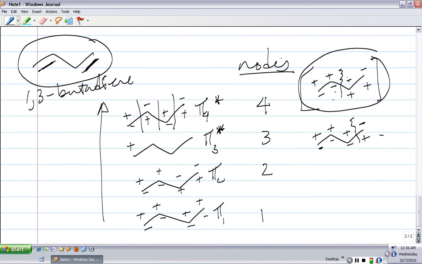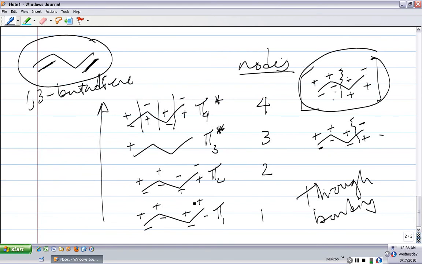Well, if all 4 are bonding, why is pi 2 less stable, more energetic than pi 1, where all 4 are also bonding? And the answer is because in pi 1, not only are they bonding, there is through bonding. What this means is the atom on the far left can feel not only the atom next to it, but also this one and that one.